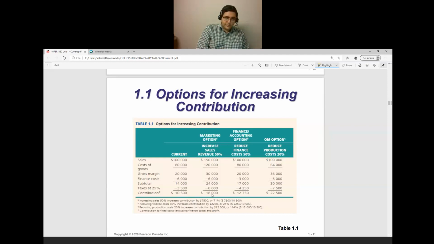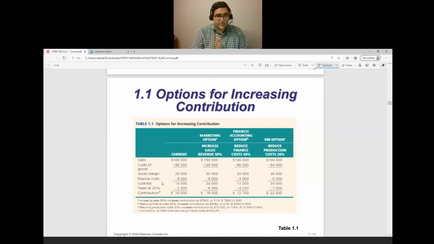Now let's see a second option here. How can finance or accounting help the company? One of the attributes in this example is the finance cost.